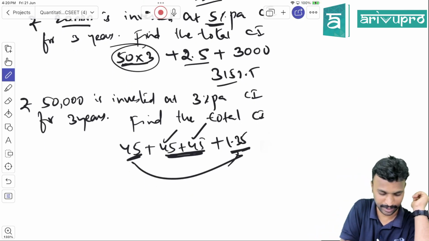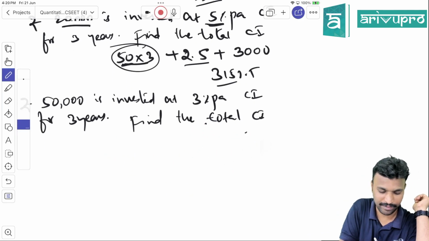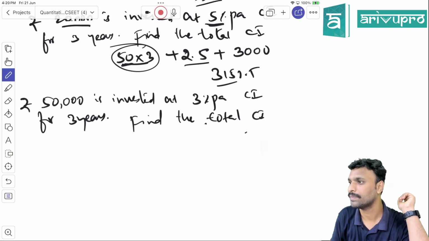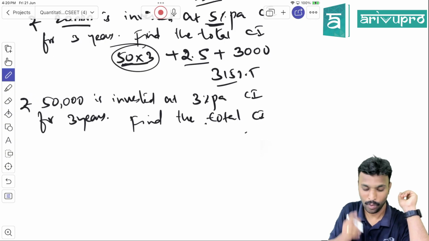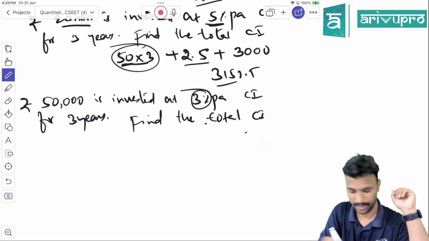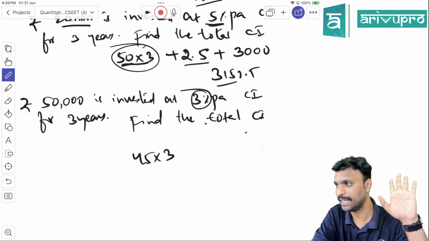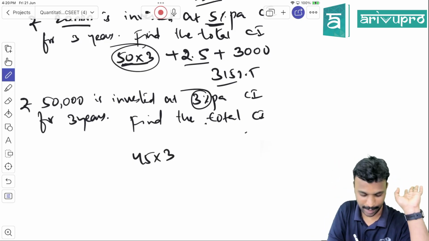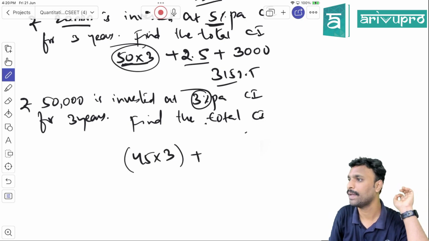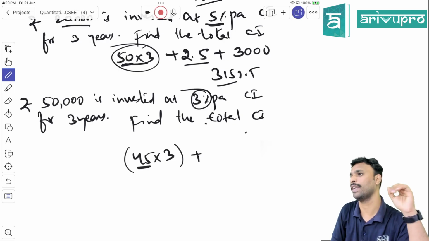Now tell me this one too. What is SI for 1 year? 1500. 3% of 1500 is 45. 45 into 3, for 3 year CI. Now plus what? 3% on whatever percentage is given on that 45.